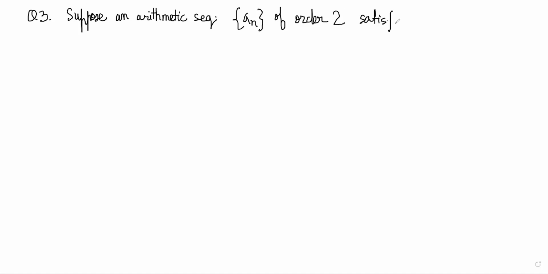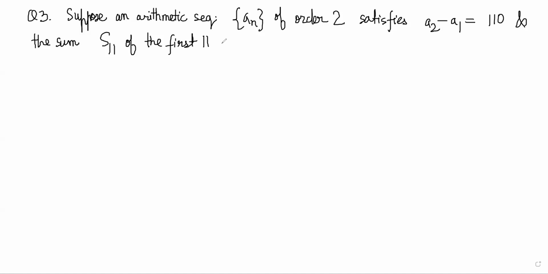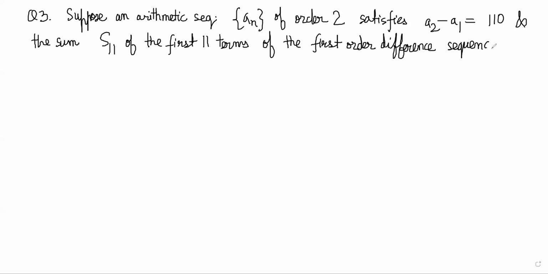Question number 3 says, suppose an arithmetic sequence an of order 2 satisfies A2 minus A1 is equal to 110, and the sum S11 of the first 11 terms of the first order difference sequence Bn is the maximal number.